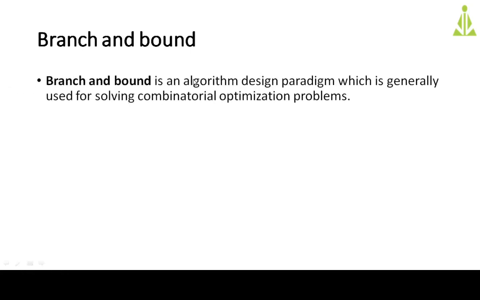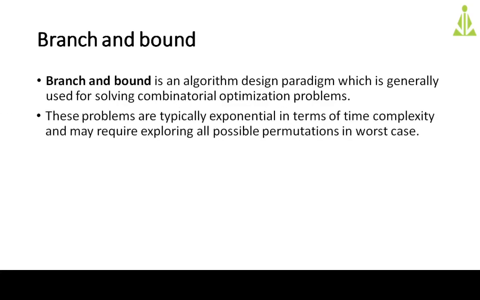Branch and bound is an algorithm design paradigm which is generally used for solving combinatorial optimization problems. These problems are typically exponential in terms of time complexity and may require exploring all possible permutations in the worst case.